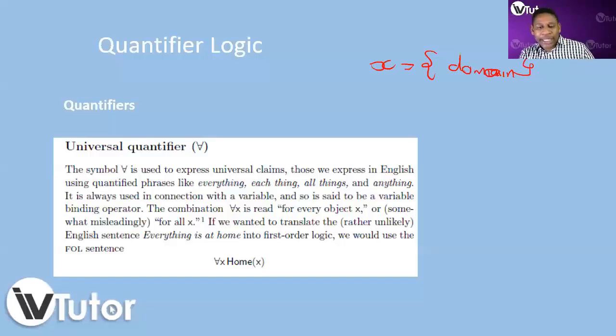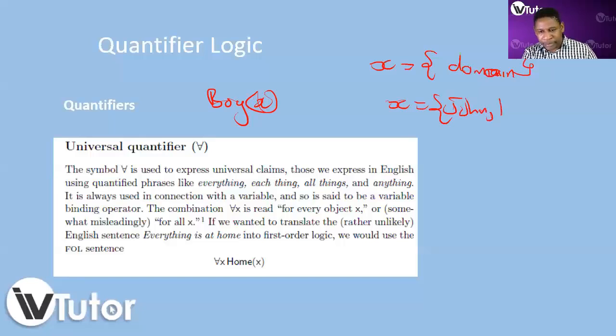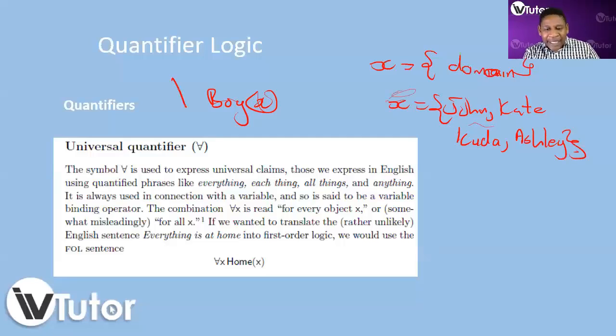Right. So say we have our set, I don't know if you remember it, so we had the predicate boy X, and then we said X referred to John, I don't remember the other names, Kate, Kuda, say Ashley. So say this is our domain. If I come and I say this, what will be the new interpretation?